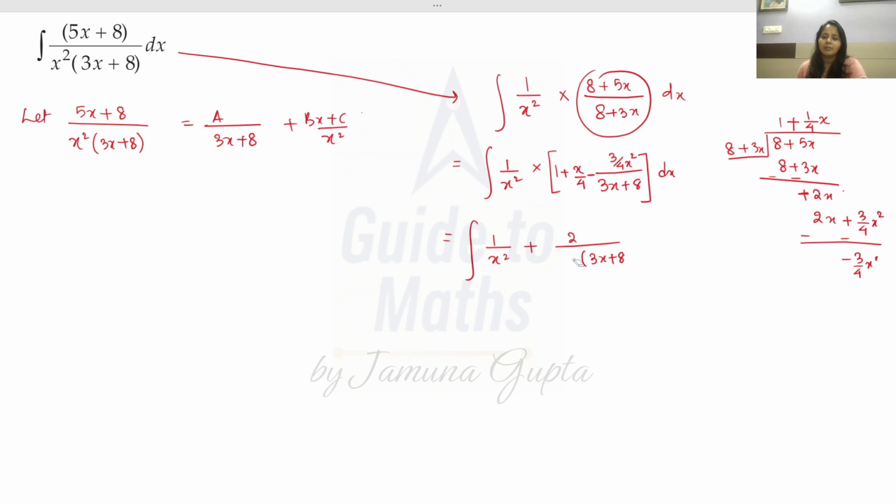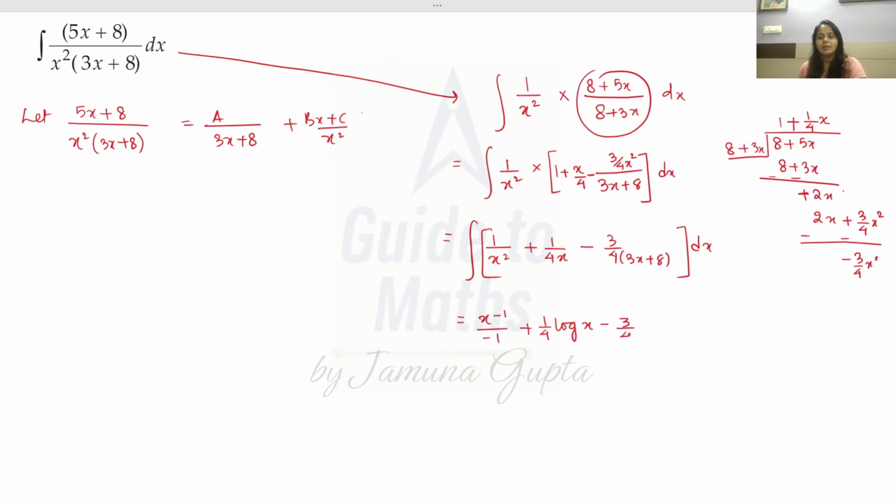Now when you multiply it by 1 by x square, it will come as 1 by 4x, and then minus 3 by 4 into 3x plus 8, dx. So integration of 1 by x square will be x to the power minus 1 by minus 1. Then 1 by 4 here, integration of 1 by x will be log of x.